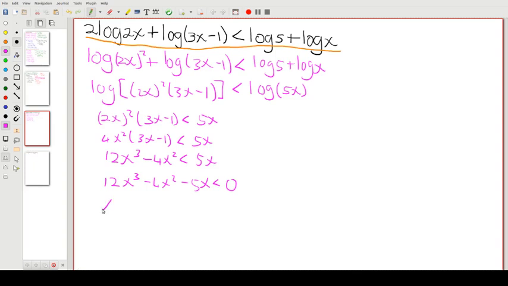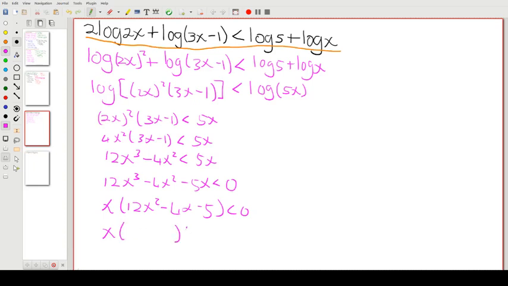Now we can factorize. Here we can take out a common factor of x, and we're left with 12x squared minus 4x minus 5, less than 0. Now this is a quadratic trinomial that we can factorize further.